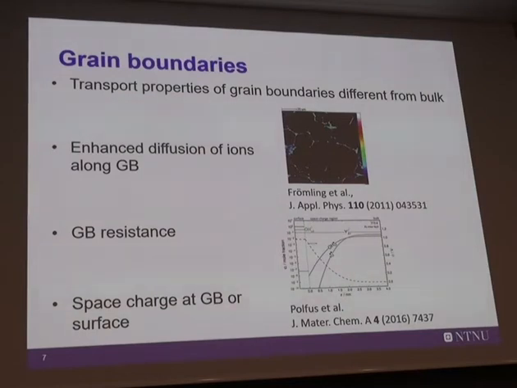The important take-home message is that the grain boundary or the surface is actually charged relative to the bulk. And due to this charging of the grain boundary or the interface, you get trapped some specific elements depending on the charge of the grain boundary or the surface, and that will then enhance or decline the mobility along the grain boundary.